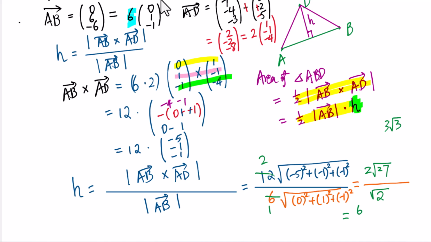So we got 6 square root of 3 over square root of 2. Simplify. 1 over square root of 2 is square root of 2 over 2. Bring 6 square root of 3. We got 3 square root of 6.